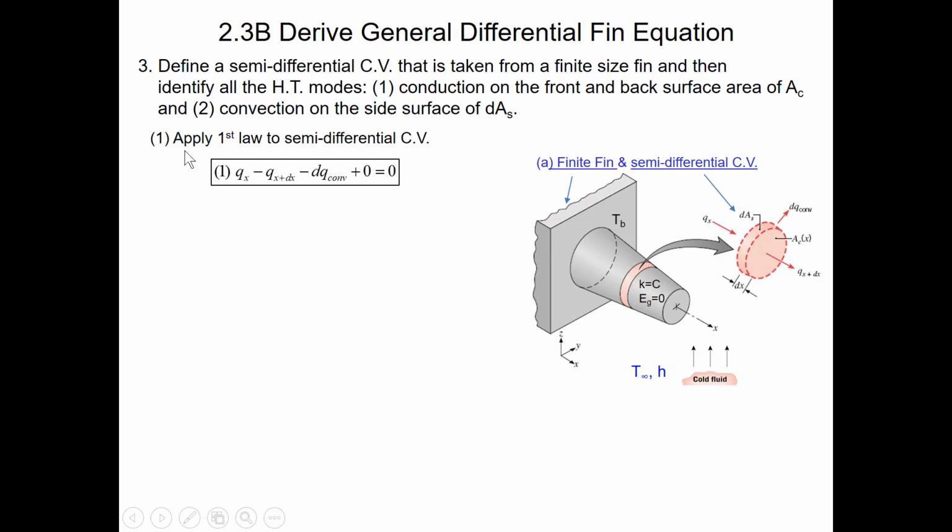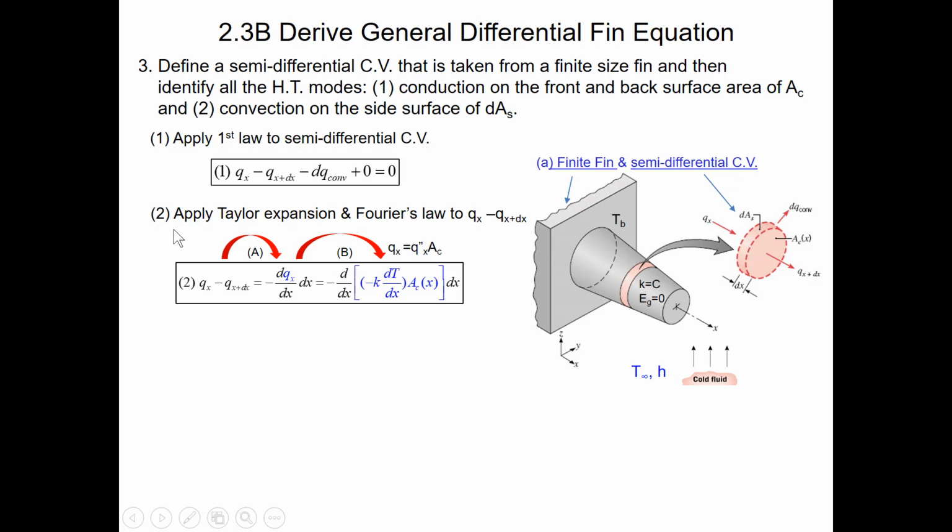Next, we apply the first law to the semi-differential control volume, which is conduction in minus conduction out minus convection out plus 0 internal energy equals 0, where the system is at a steady state. Second, we apply Taylor series expansion and Fourier's law to the heat rate difference.